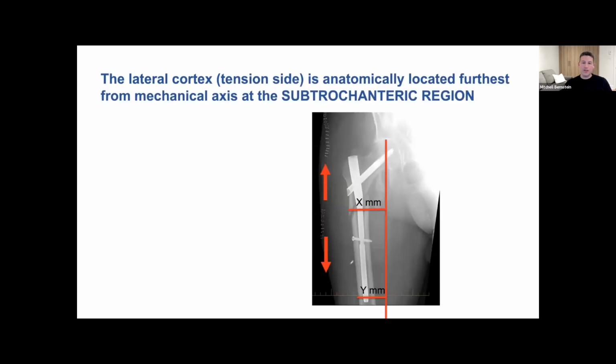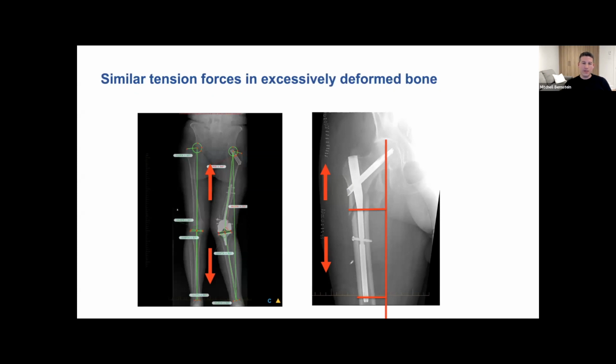The last point I want to address: remember, the lateral cortex is on the tension side. We know the femur is eccentrically loaded. In the subtroch region, you are furthest away from that axis, and the varus will accentuate those forces and lead to high tension forces and likely a non-union.